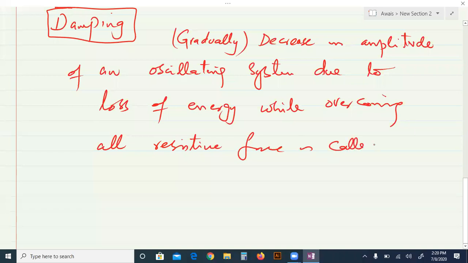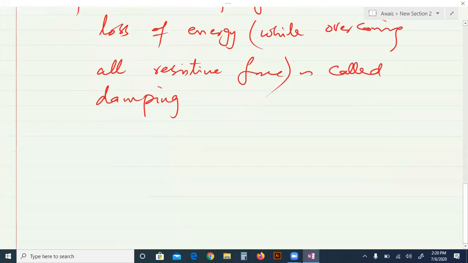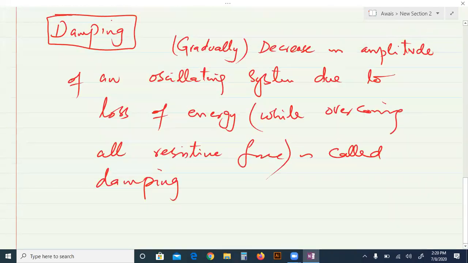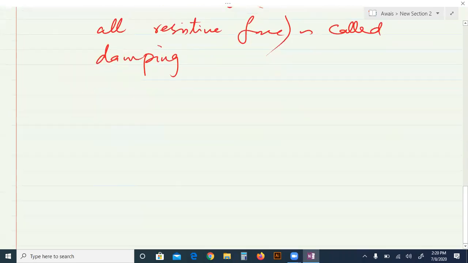This is the definition of damping. So the gradual decrease in the amplitude of an oscillating system due to loss of energy while overcoming all resistive forces is called damping. And we have seen this is a non-uniform process.